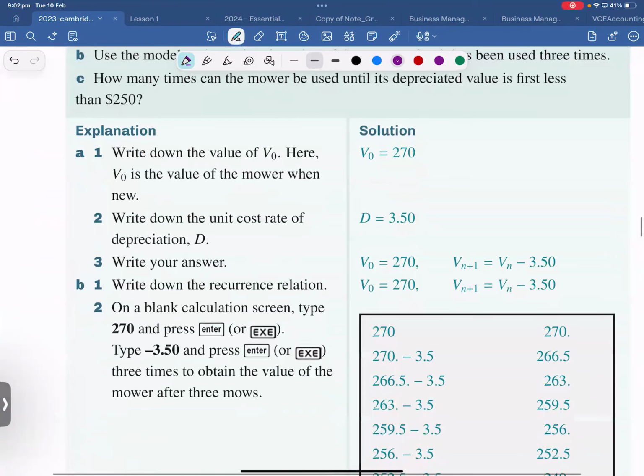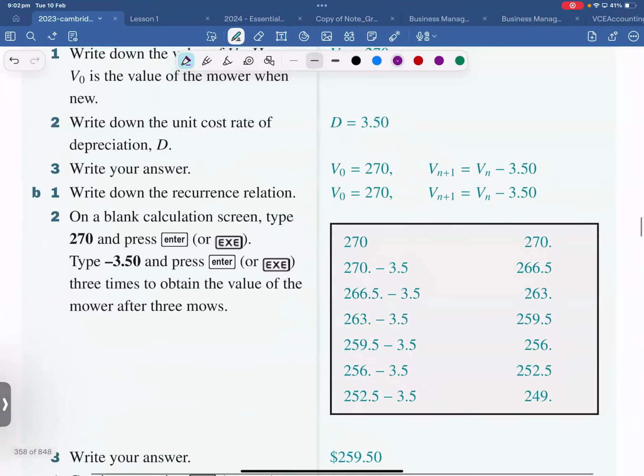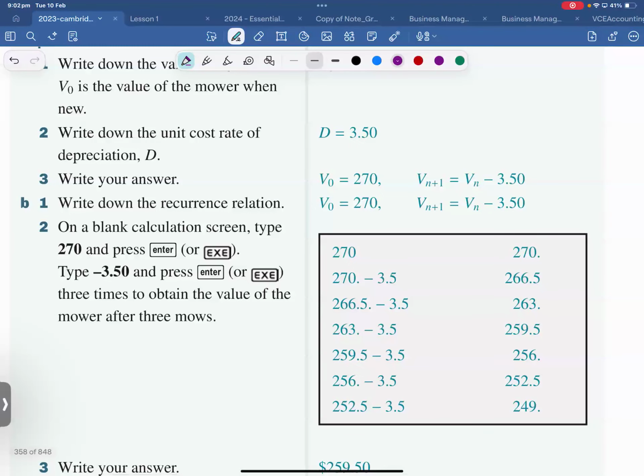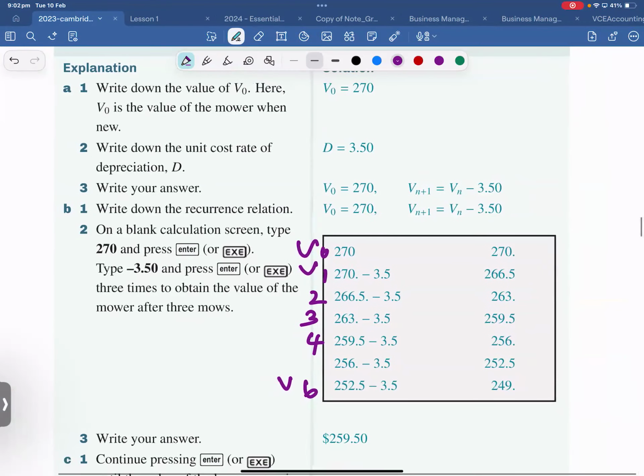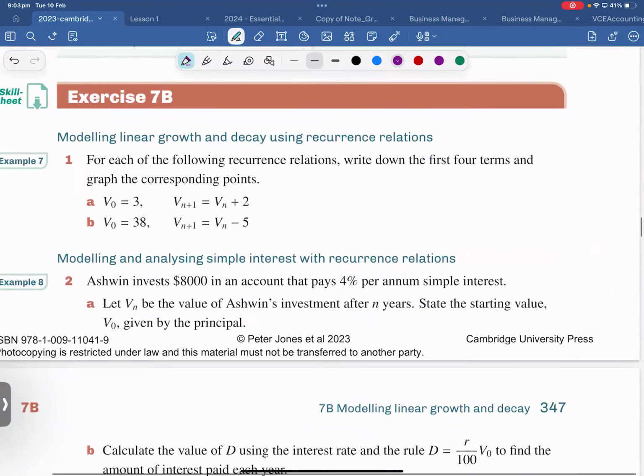They have written the first 5 terms. 266.5, this is what we calculated. This is V0. This is V1, 2, 3, 4, and this is V6. What is it? Linear decay. That's for 7b.